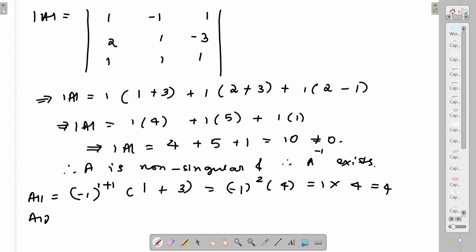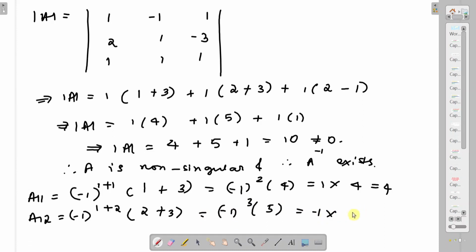Then A12 is minus 1 raised to 1 plus 2. So first row and second column we have to hide. 1 times 2 is 2, then 1 times minus 3 is minus 3, but minus minus plus 3, you will get minus 1 raised to 3 multiplied by 5, so minus 1 multiplied by 5, that will be minus 5.